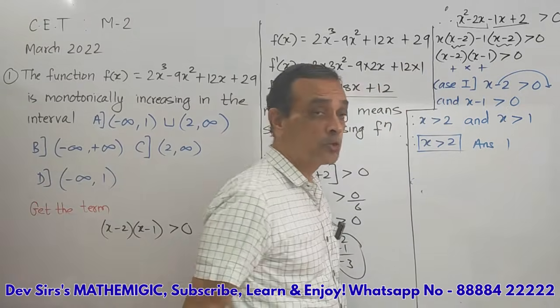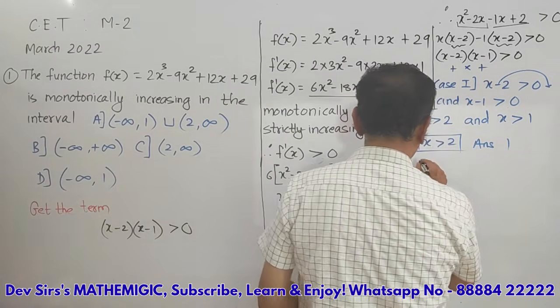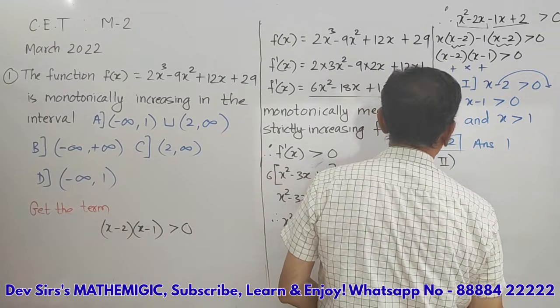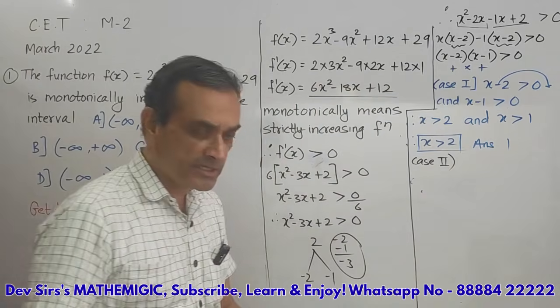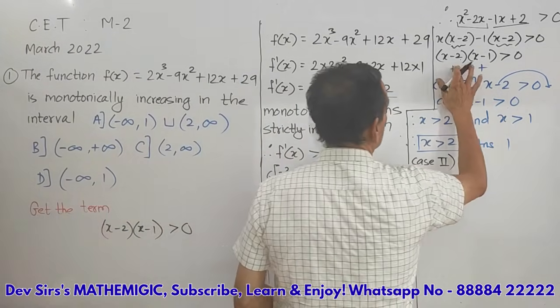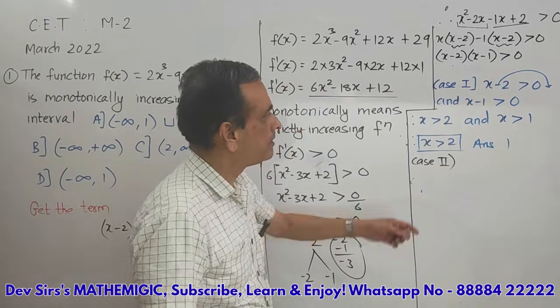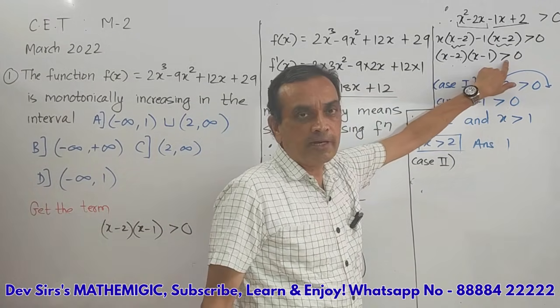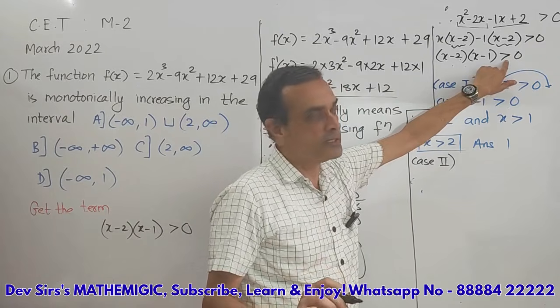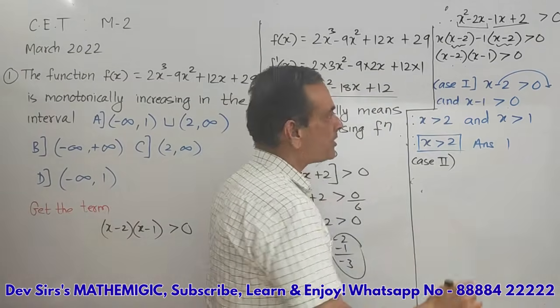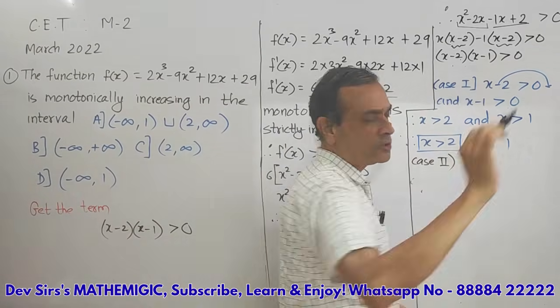ओके, पहले केस 2 डिफाइन करेंगे. Case 2. Now case 2 is interesting. We want greater than 0, monotonically increasing. So case 1 में लिया था both brackets are plus because plus into plus is greater than 0.